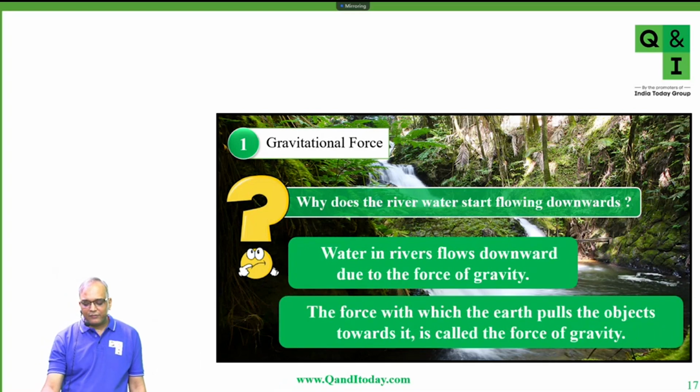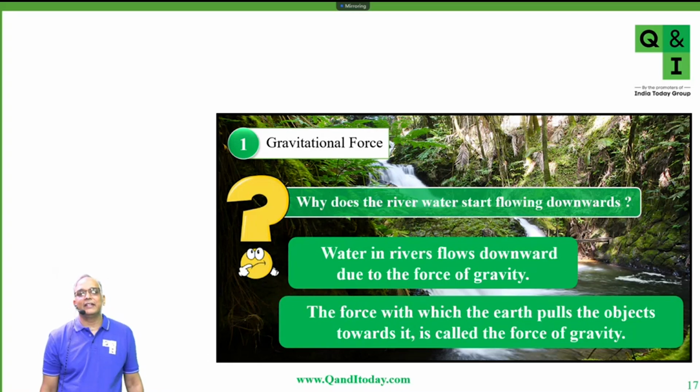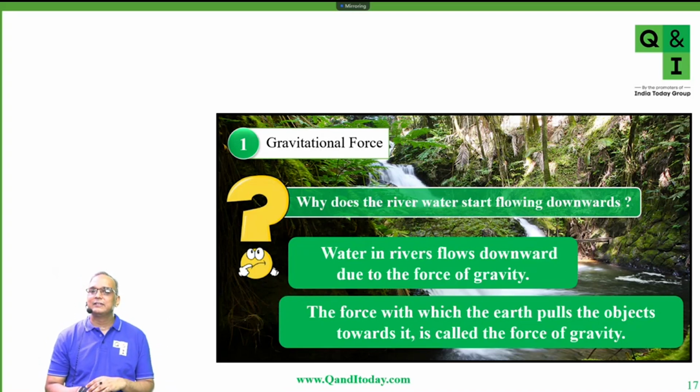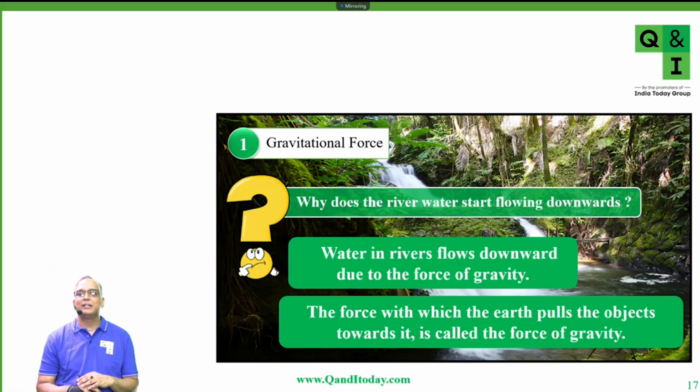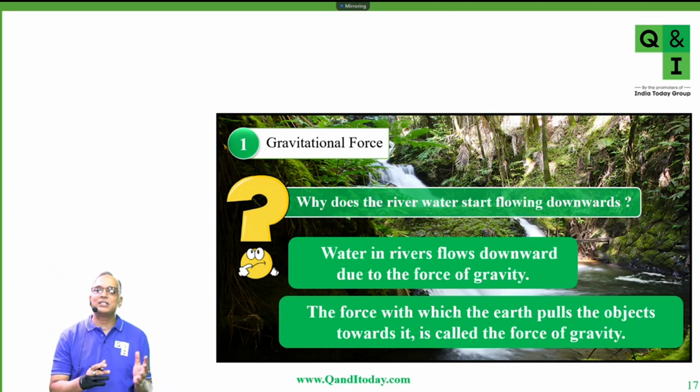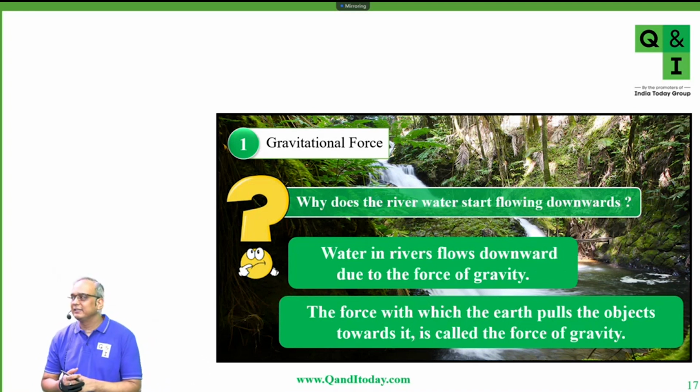The force with which the earth pulls the object towards it is called force of gravity. So the force with which two objects attract each other is gravitational force, and the force with which earth pulls an object towards itself is force of gravity. Is it clear, students? Have you understood the difference between gravitational force and force of gravity?